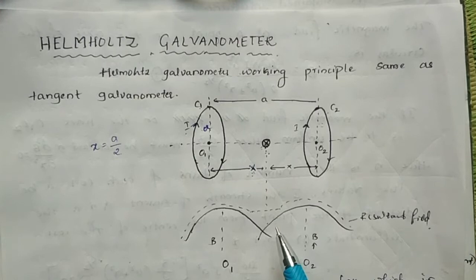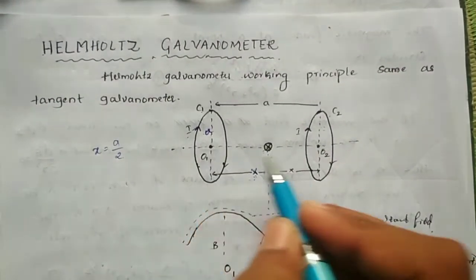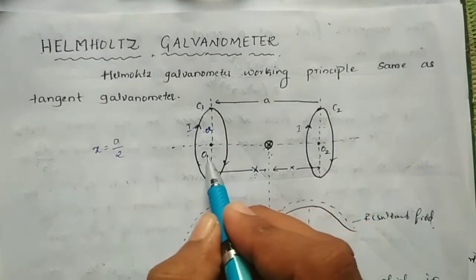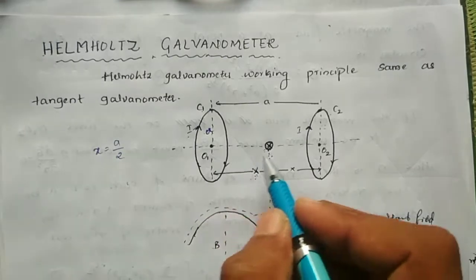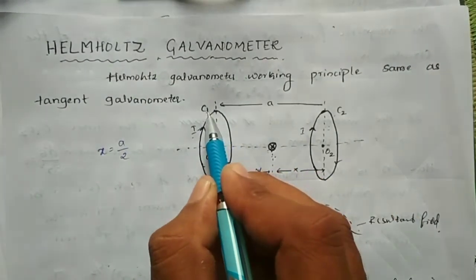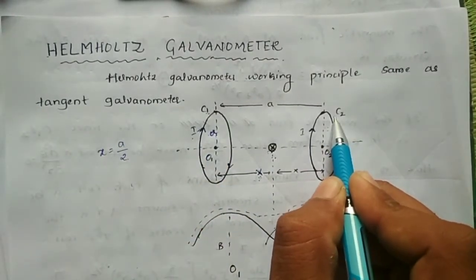Now O1 and O2 are the centers of the two coils. When you move toward O2, the magnetic field of C1 decreases and that of C2 increases.